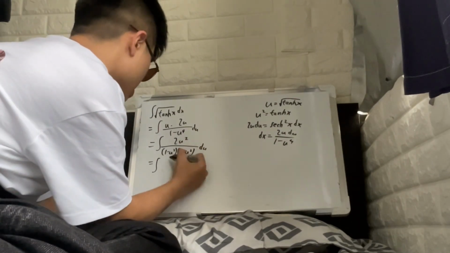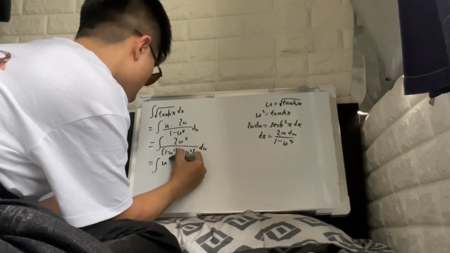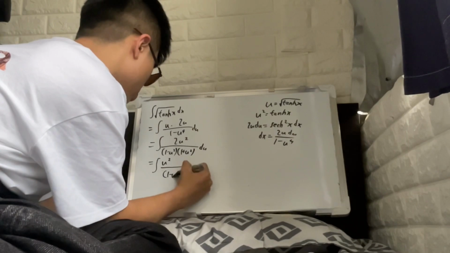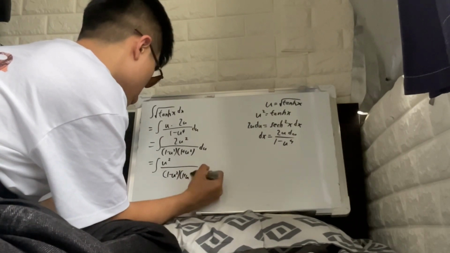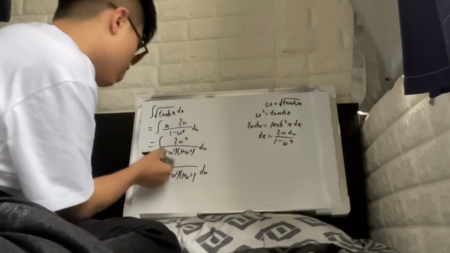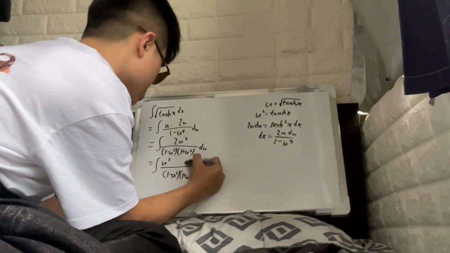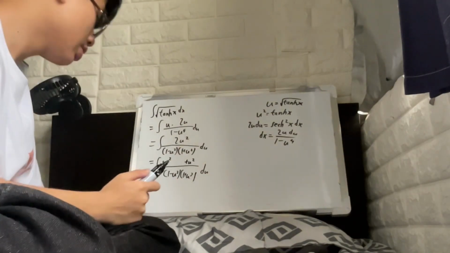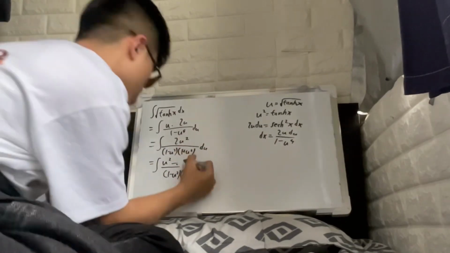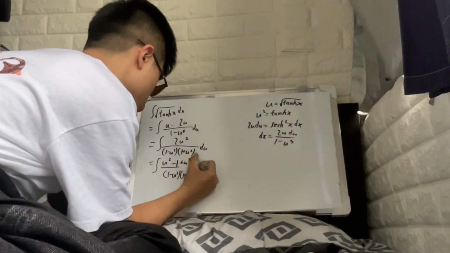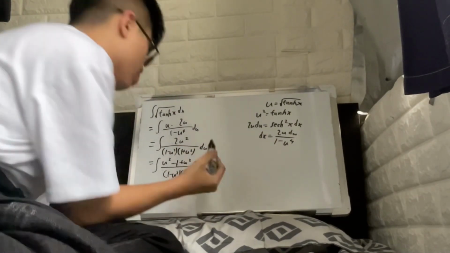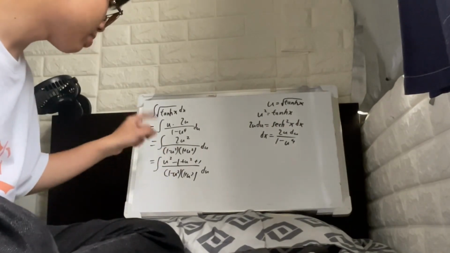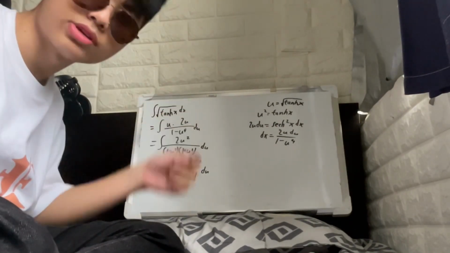Let me write 2u squared as u squared plus another u squared. Here I'm going to write minus 1 plus u squared plus 1. Negative 1 and 1 cancel each other out, and u squared plus u squared is 2u squared, so you get the original back.